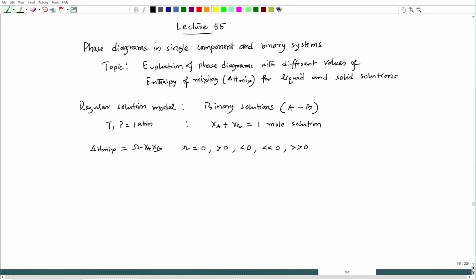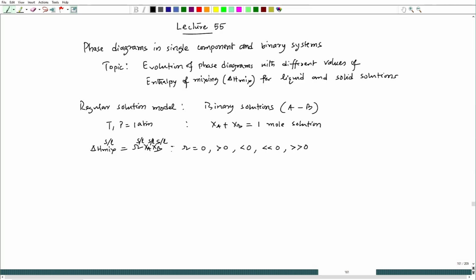So, that means highly positive, highly negative, all those values could be possible. If I talk about solid solution, everything will be solid. Similarly, if I talk about liquid solution, everything will be considered as liquid.